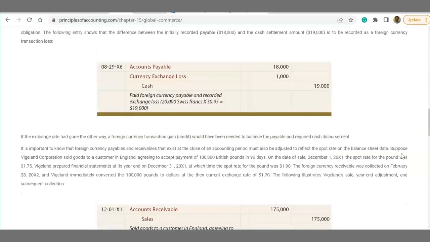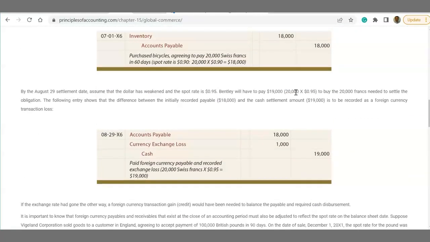However, by the end of the year, the spot rate ends up to be 95 cents. So at that moment, because you owe 20,000 Swiss francs times 95 cents, that's a $19,000 liability. Here you have $18,000 liability recognized.